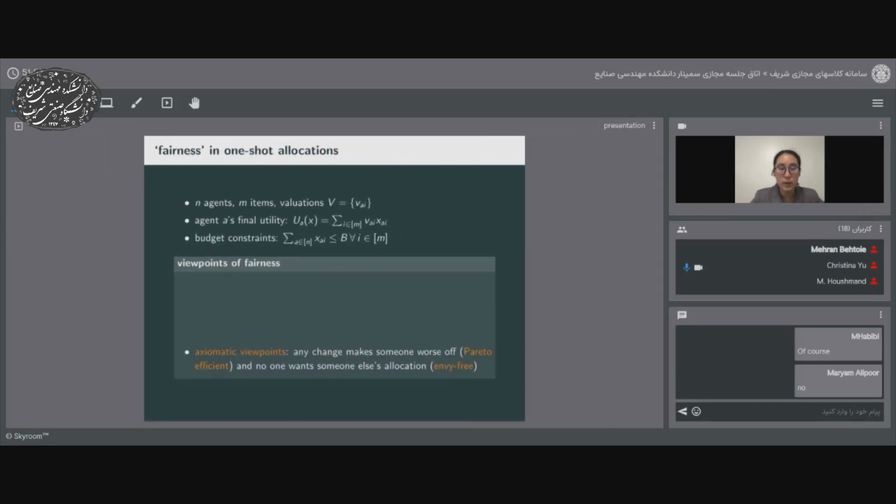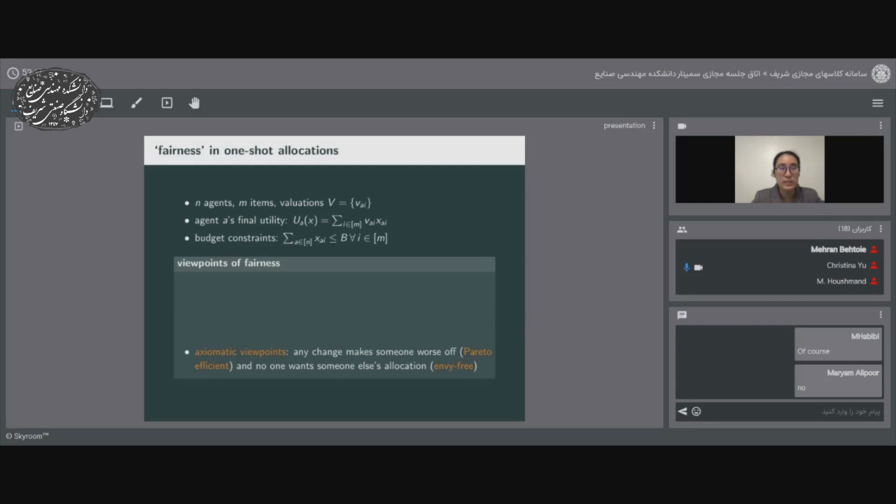And a third approach is to take an axiomatic viewpoint, which is to define a set of properties that we want our allocation to satisfy, and that captures what we think fair means.